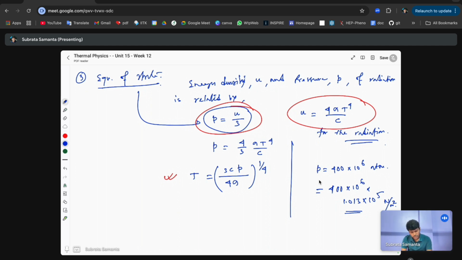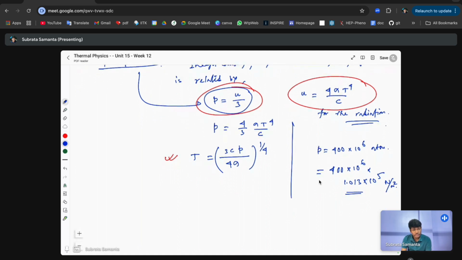So then you just put this value here. So your T is equal to, then 3 times, what is the value of C in SI unit?